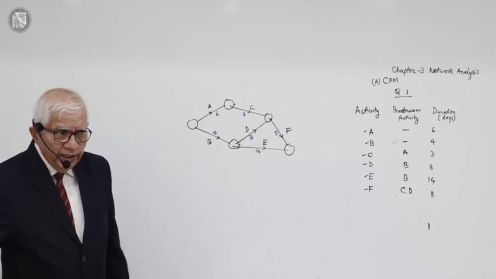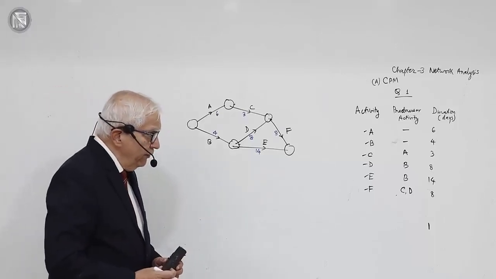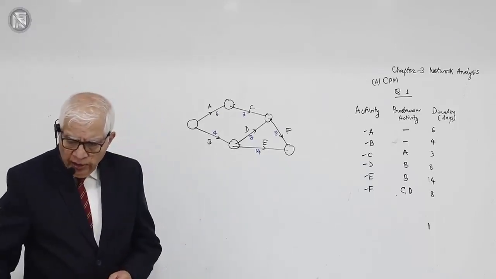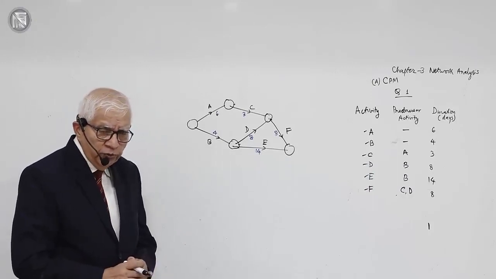Before coming to this network diagram, let me give a hypothetical example. Suppose we have a meeting of 3 groups of people.